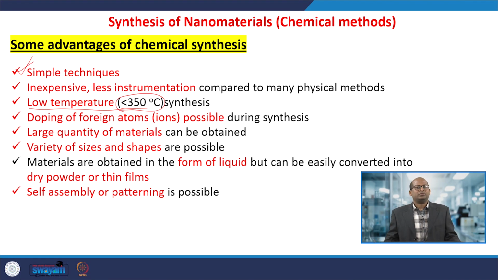Through chemical synthesis we can also prepare large quantities of the target materials, since the method is very simple and inexpensive. A variety of sizes and shapes of nanomaterials is also possible.